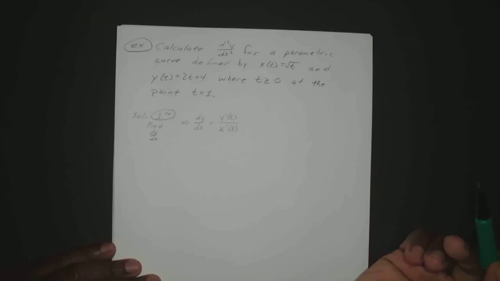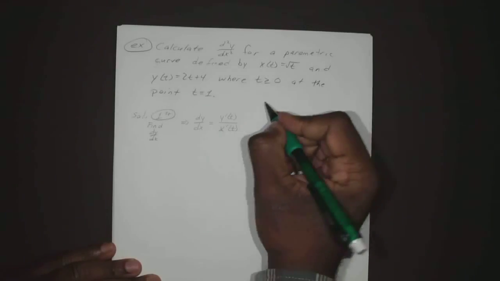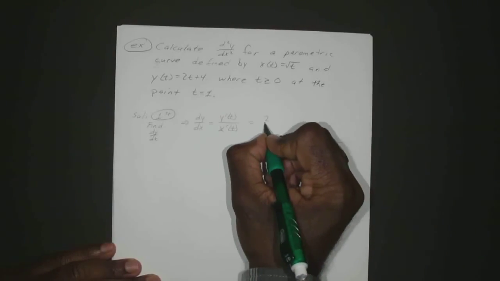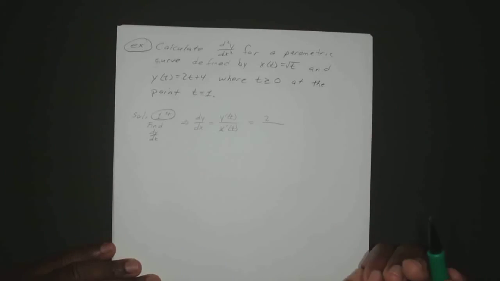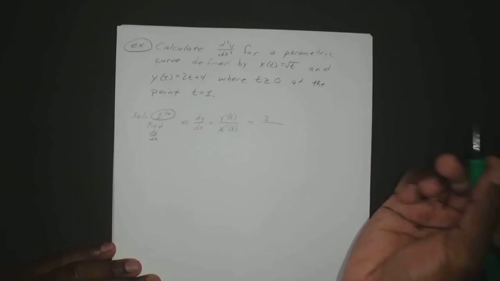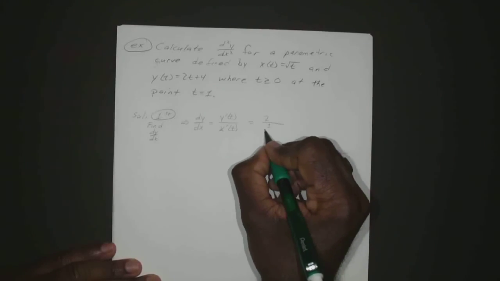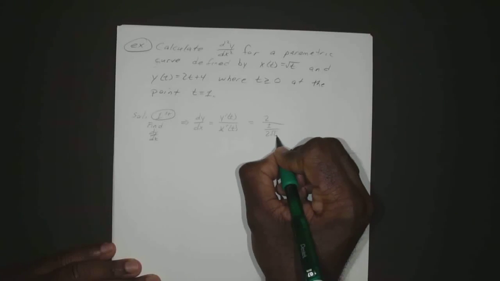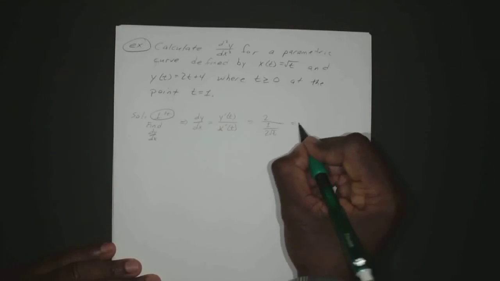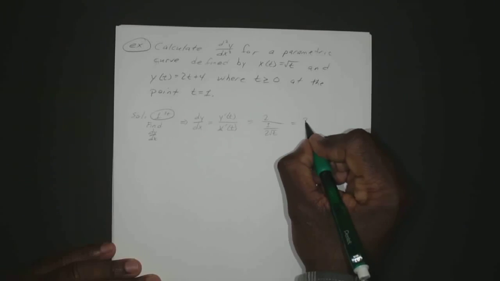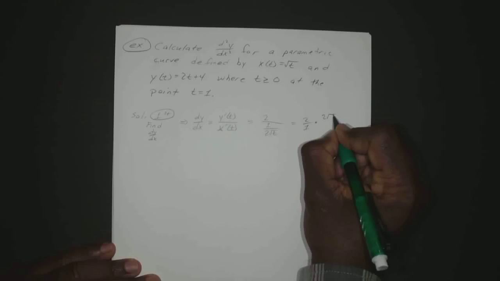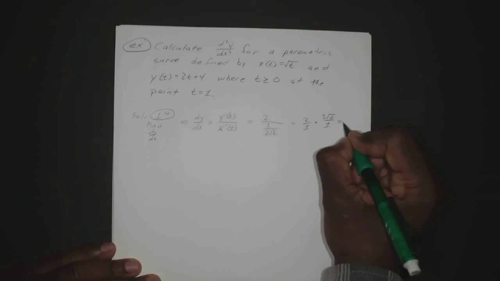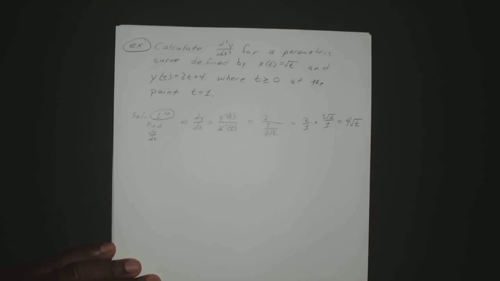So y prime of t is just 2, and x prime of t is 1/2 t to the negative 1/2, so 1 over 2 square root of t. Times the reciprocal of that, 2 square root of t over 1, it would be 4 square root of t.